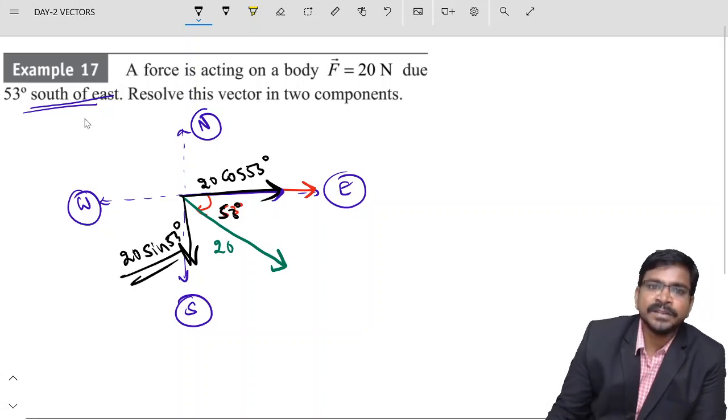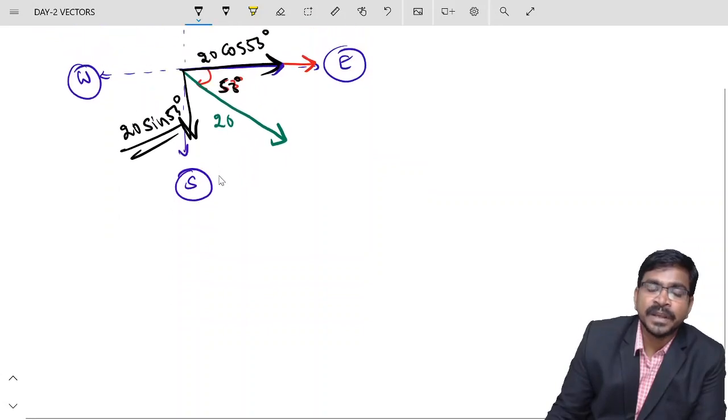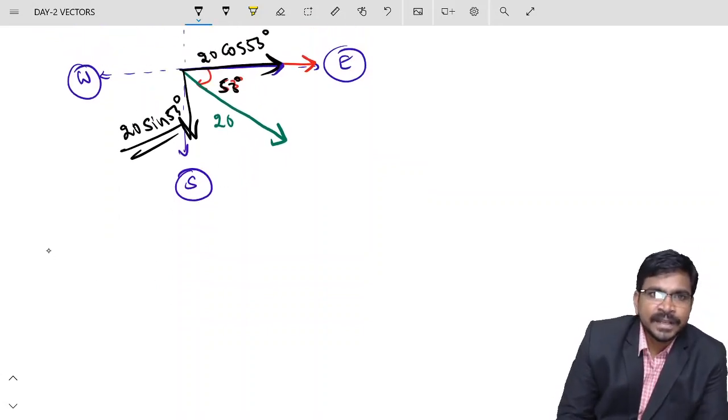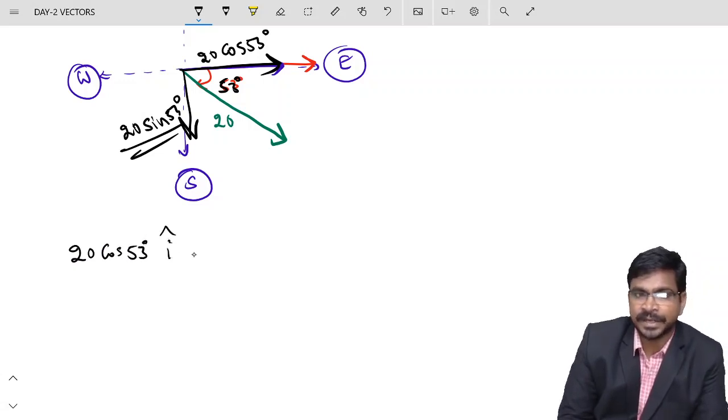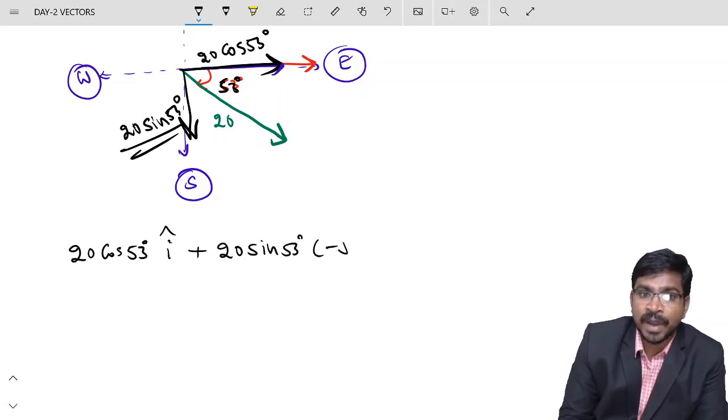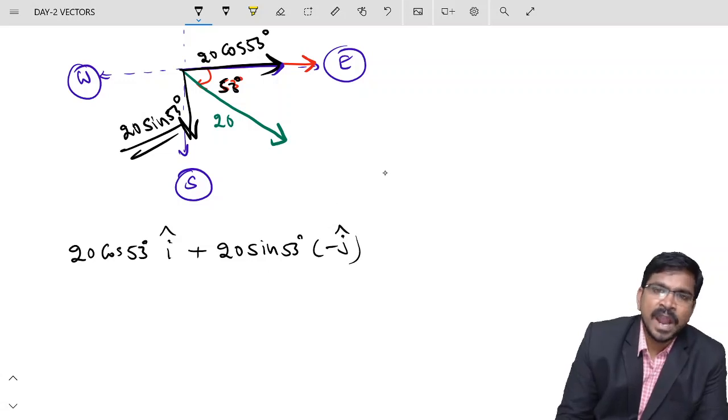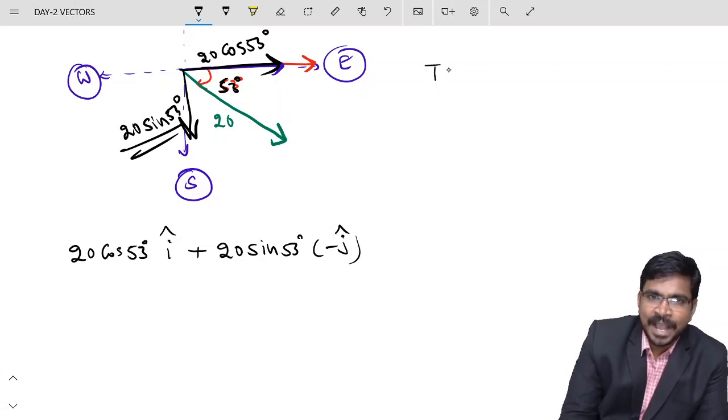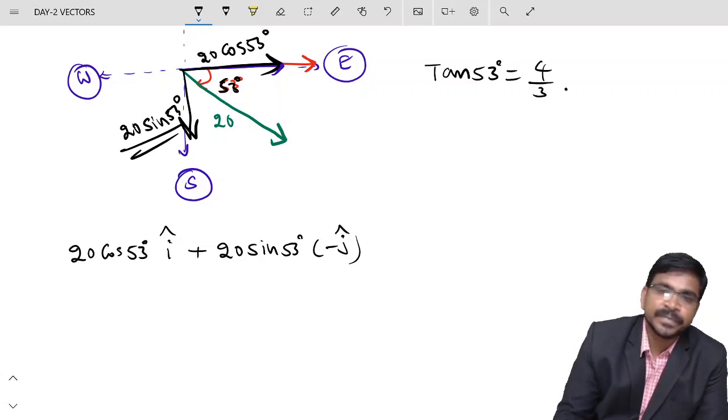I can write this in rectangular form. This is 20 cos 53 in I direction, plus 20 sine 53 in minus j direction. And I know that tan 53 degrees is 4 by 3.